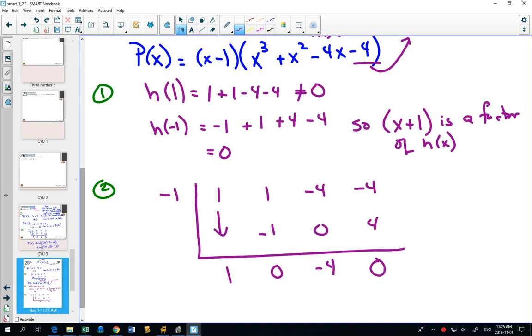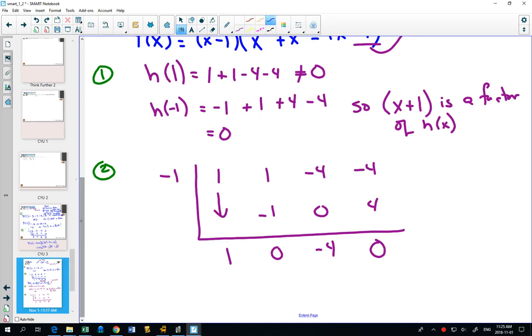Now, when you write your division statement next, you can write p of x again. We already knew x minus 1 was a factor of p of x. And now h of x is x plus 1 times x squared minus 4.